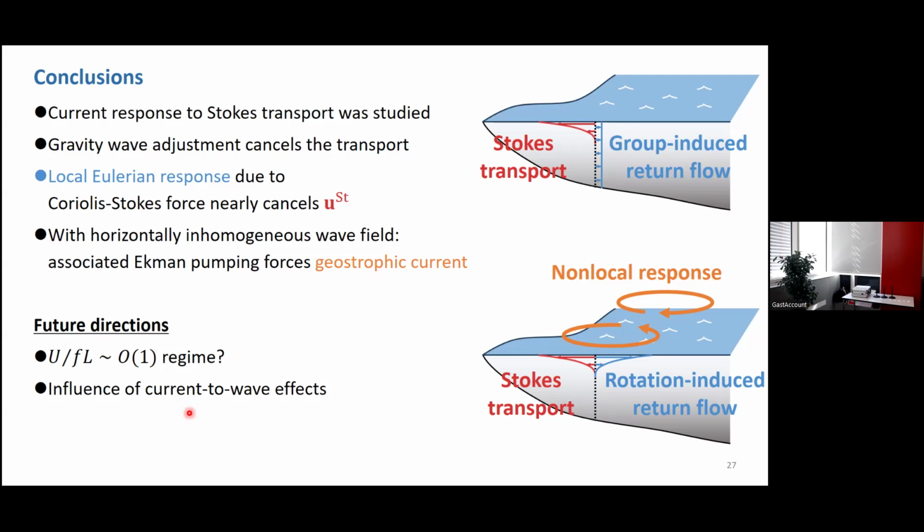But the ocean currents also modify the Stokes transport field, and it can cause much smaller spatial structure. So what if we couple the wave simulations and the ocean simulations in both directions? There may be some feedback effects, positive or negative or whatever, which will have an implication for effective modeling of the ocean wave systems.